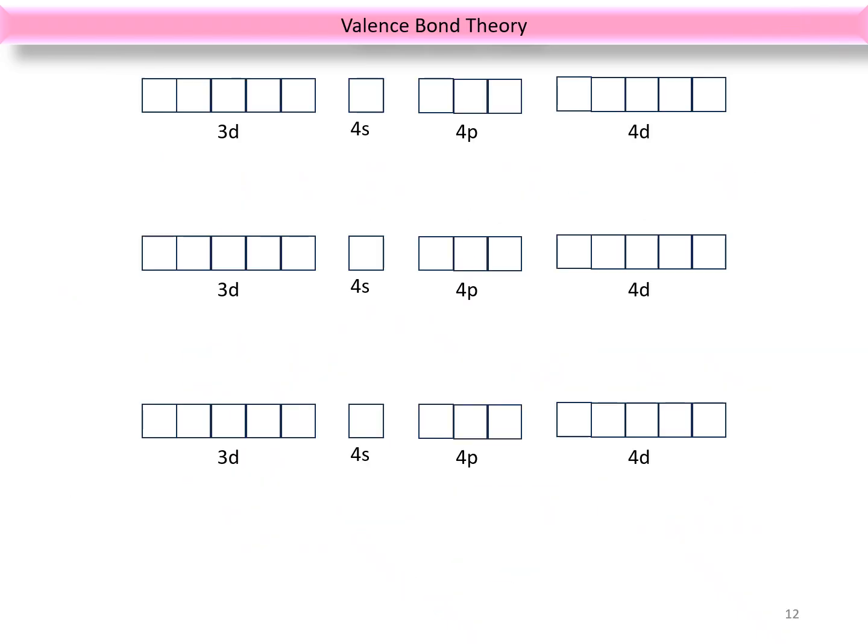Let's look at another example. For example, if we have zinc, the electronic configuration involving 4s and 3d is 4s2 3d10.